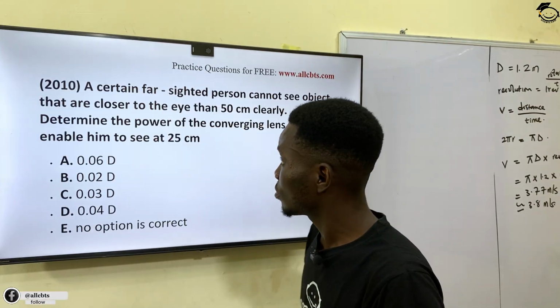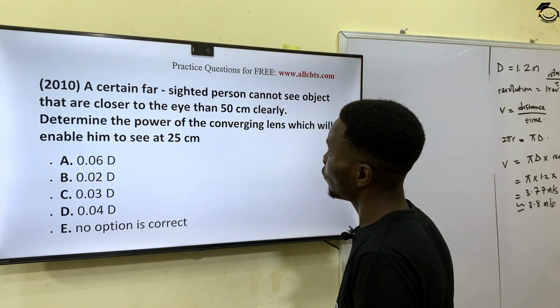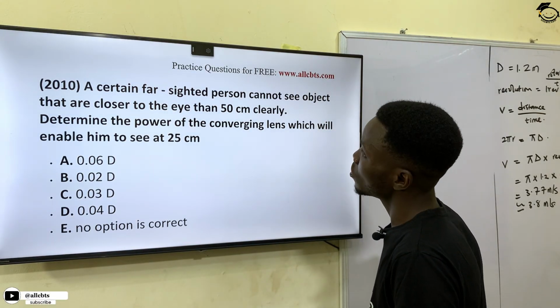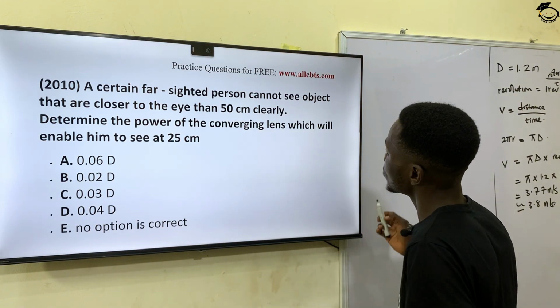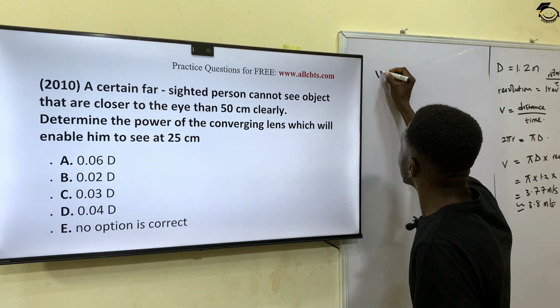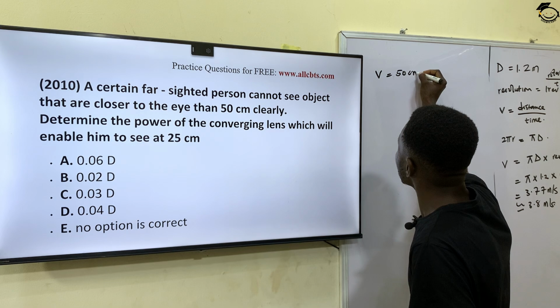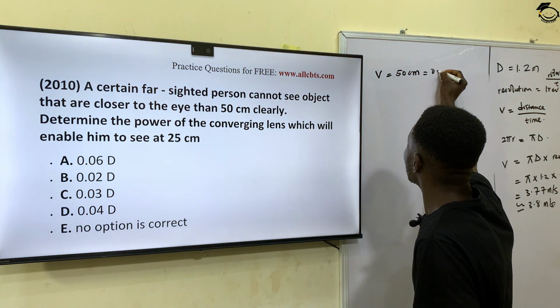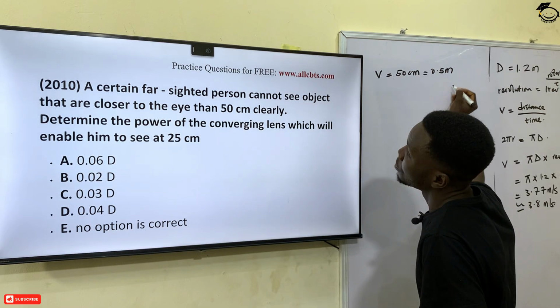Moving on to the next question. This was gotten from 2010. It says a certain far-sighted person cannot see objects that are closer to the eye than 50 centimeters clearly. So we have the image distance v to be 50 centimeters, which is the same as saying 0.5 meters.